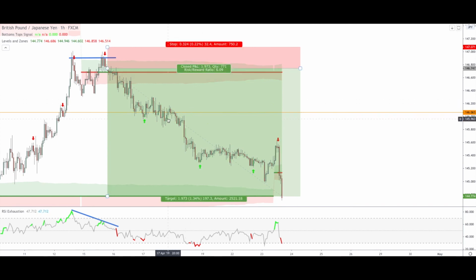So how many traders got frustrated here and just got out? How many traders got frustrated here? I mean, we are talking about days, okay? We are on the 1 hour time frame, so we are talking about days, and traders just get emotional during a trade. And this happens very frequently to beginner traders.